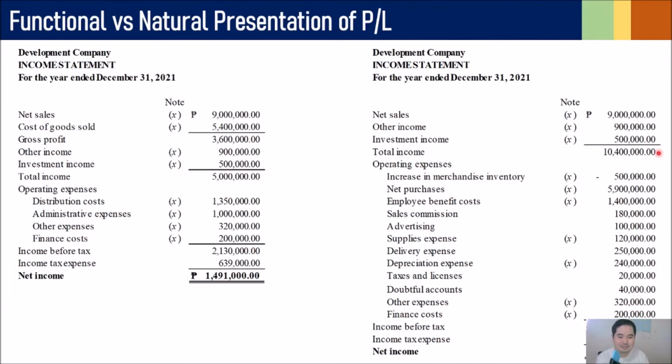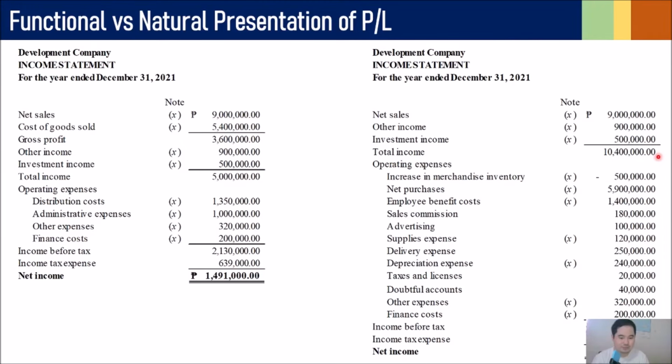Kasi, dito, naka-minus na siya as cost of goods sold. Kaya, ang income mong isa is naka-gross profit na kasi wala nang cost of goods sold. Unlike dito, puro. Talagang net sales, other income, investment income.